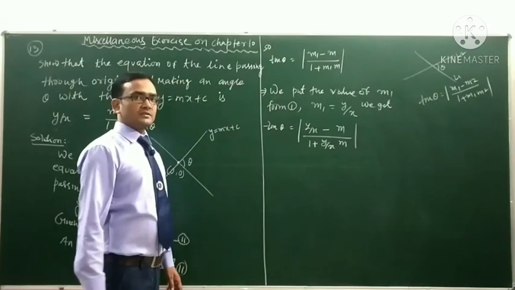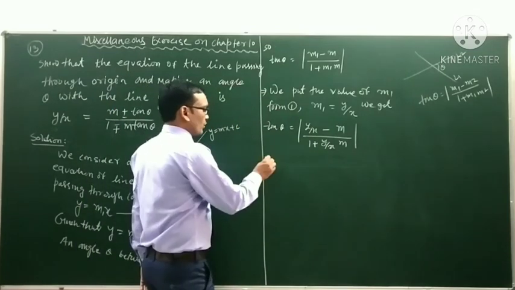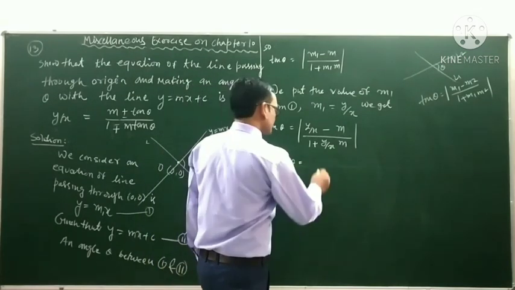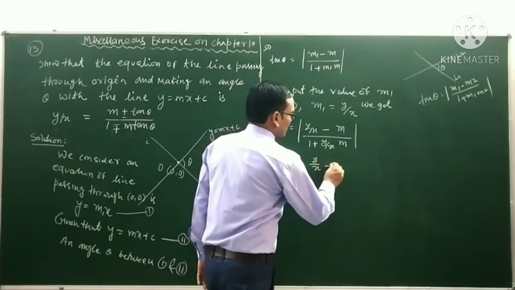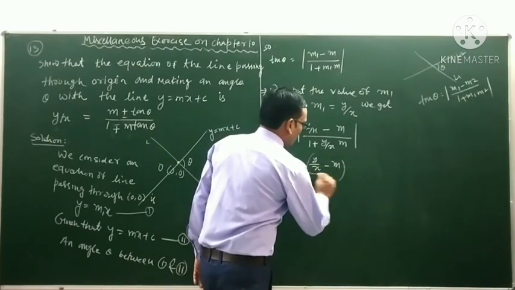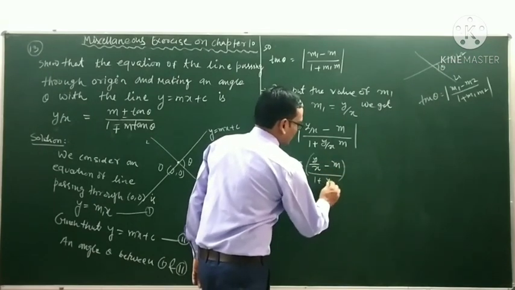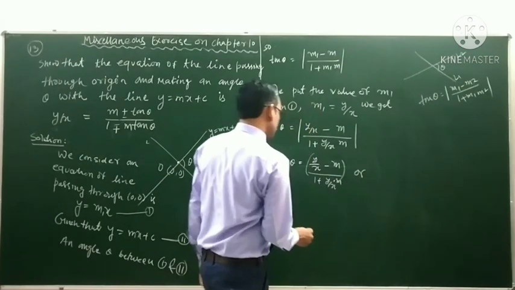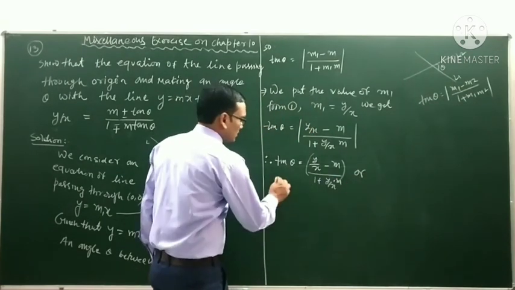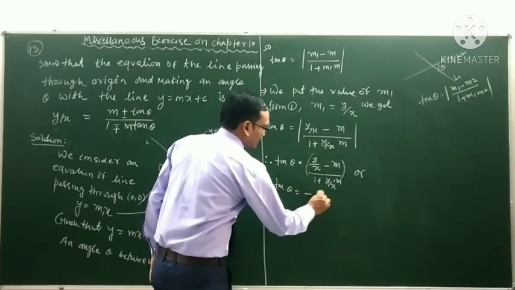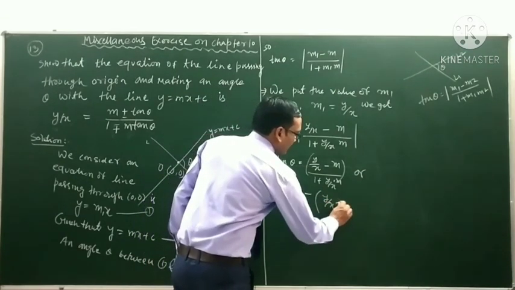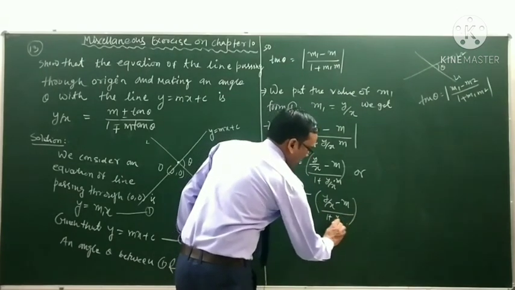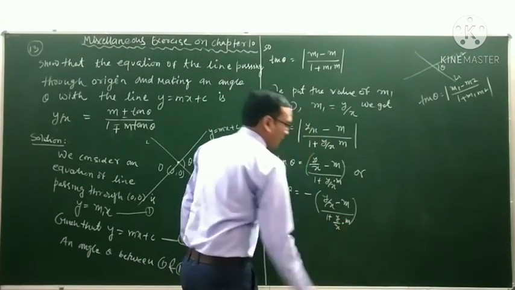Okay students, therefore tan theta equal to y by x minus m upon 1 plus y by x into m, or tan theta equal to minus y by x minus m upon 1 plus y by x into m.